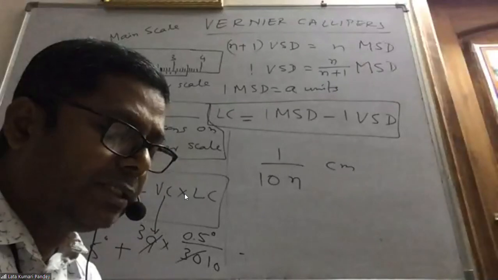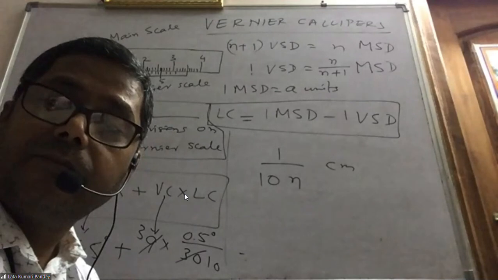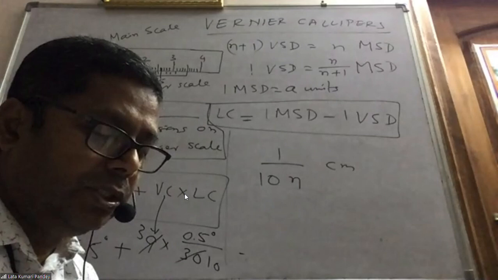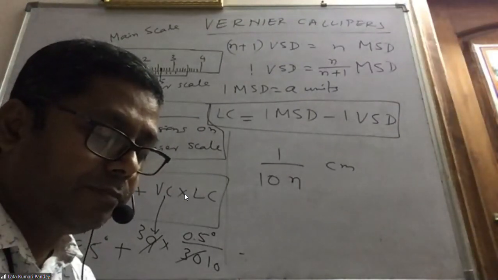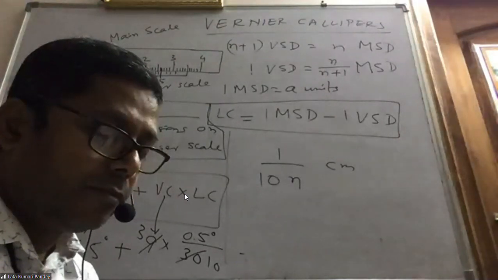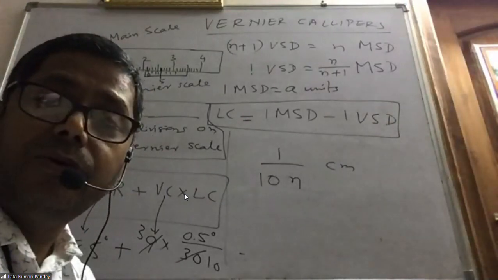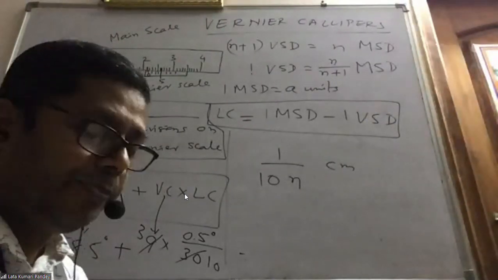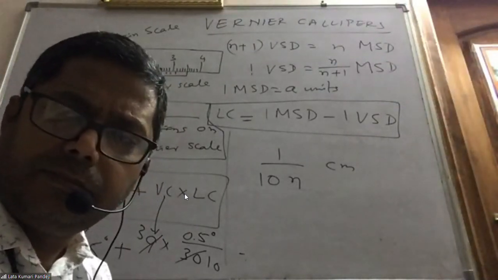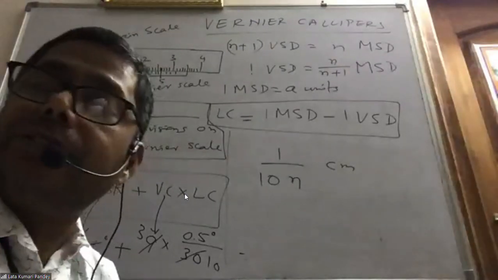So the least count of the instrument is 0.1 mm. The main scale divisions are of value dash. So you have to find out 1 MSD equal to how much?